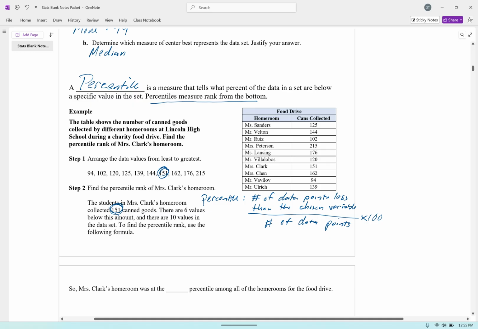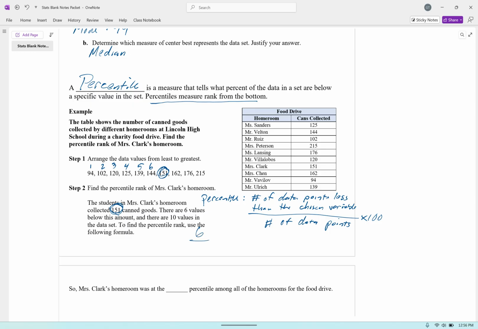Okay, so let's take a look. We have them in order from 94 to 215. We found Miss Clark's at 151. And so I count the number of data points below it, not including the specific chosen variable, 151. So I see we got 1, 2, 3, 4, 5, 6. There are 6 below it. So that would be 6 divided by the total number of data points.